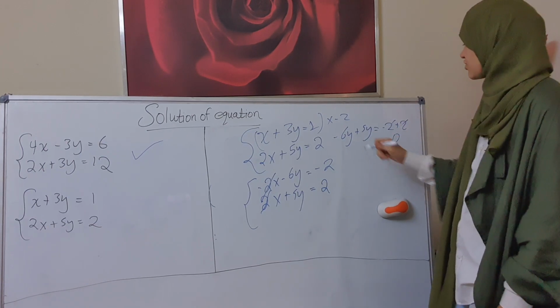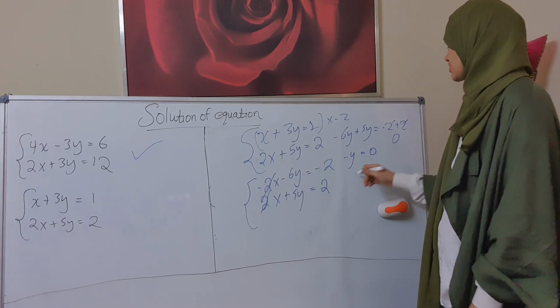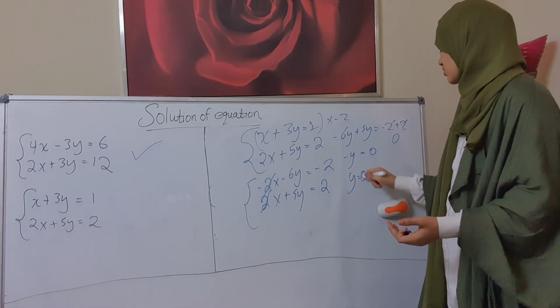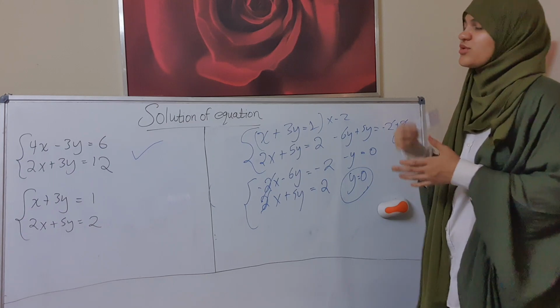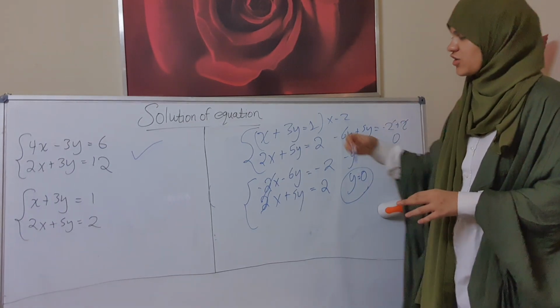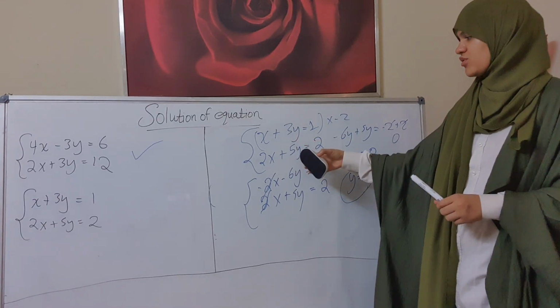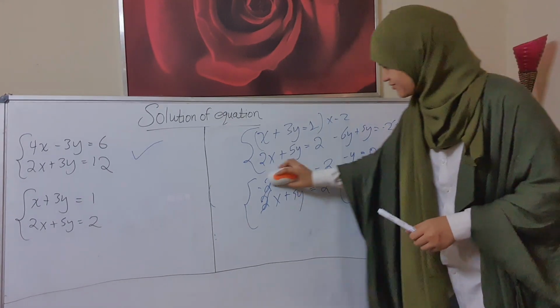So here it will be 0, and here it will be negative y is equal to 0. Then at the end y is equal to 0 only. Okay, now we found the value of y, which is 0. Then we will find the value of x. So in place of y we'll put 0. Now let's continue.